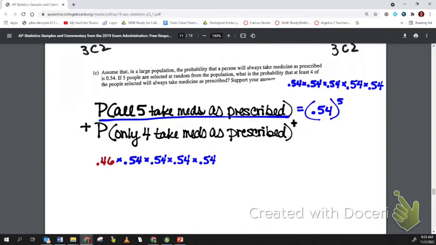I'm assuming that each of these people have names though, right? So what if the first person, I'm going to call him Joe, what if the first person really did take their medicine as prescribed? What's another way that only 4 people take it the way they're supposed to?